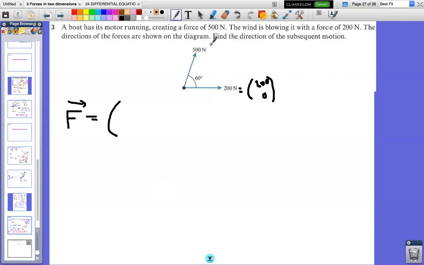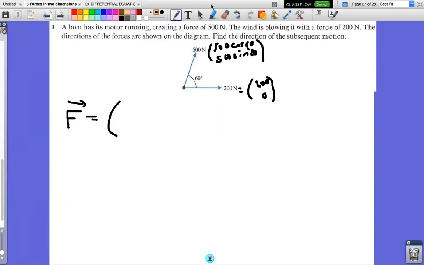This vector here is the vector 500 cos 60 and 500 sine 60, correct? We can resolve this force into a horizontal component, which is 500 cos 60, and a vertical component, which is 500 sine 60.